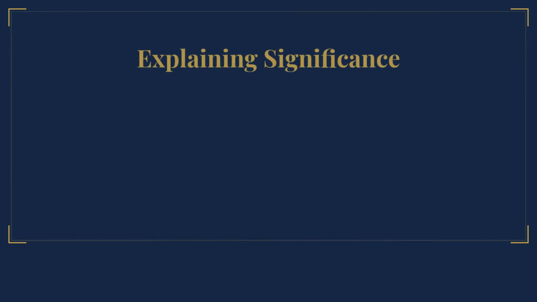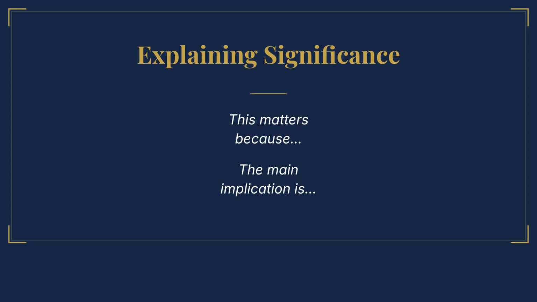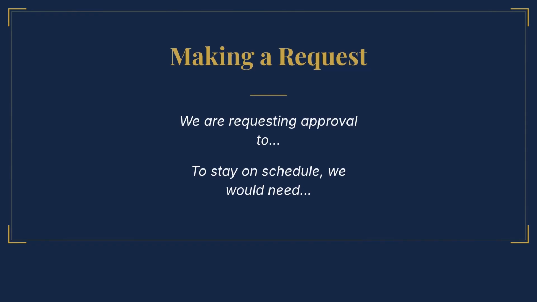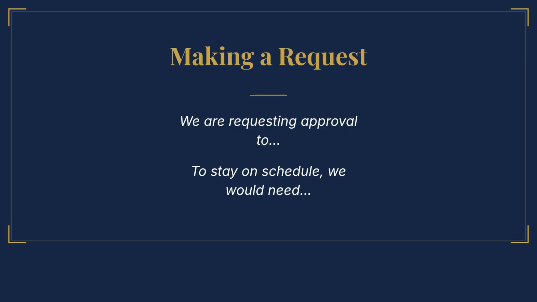When making a request, you might say, "We are requesting approval to," or "To stay on schedule, we would need." And when creating alignment, you might say, "This supports our broader objective of," or "This is consistent with your priority on." These patterns help messages sound focused, purposeful, and actionable.